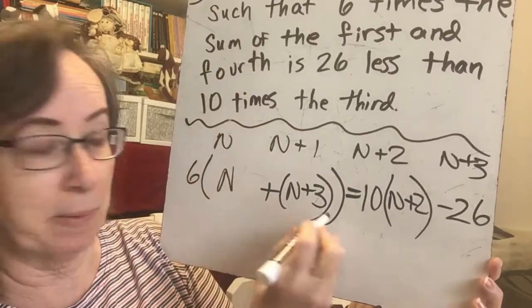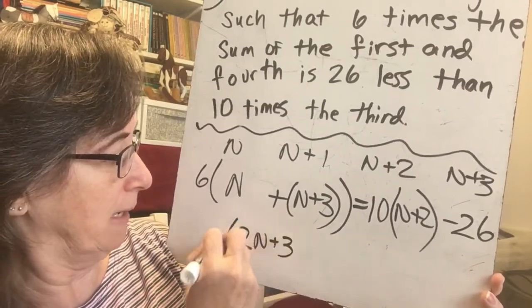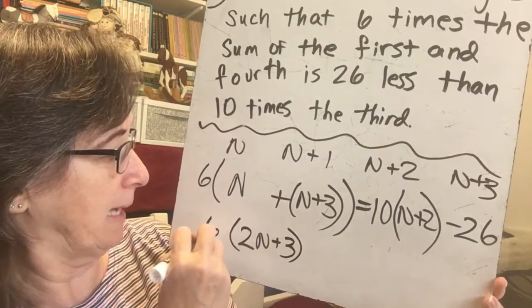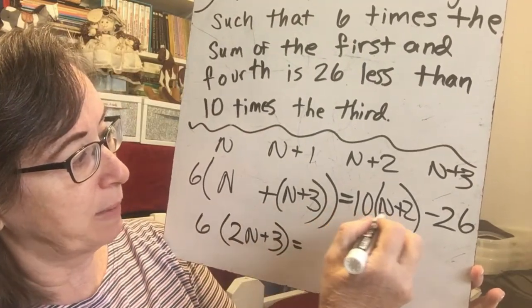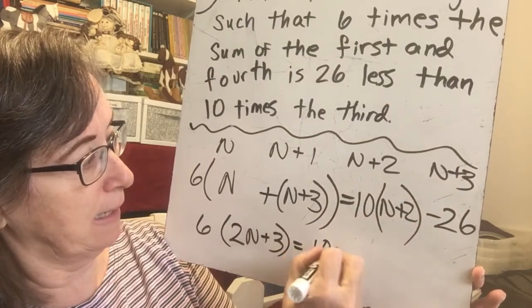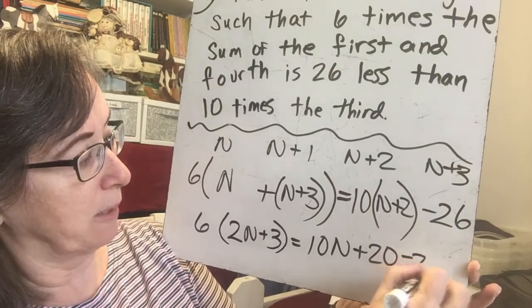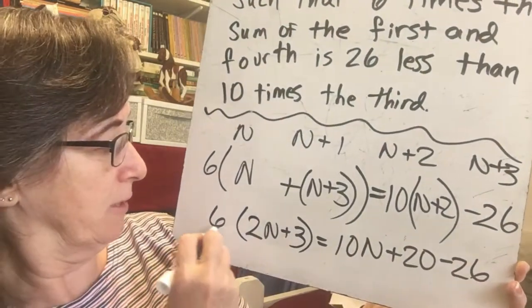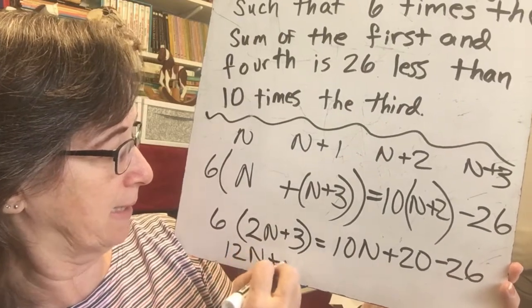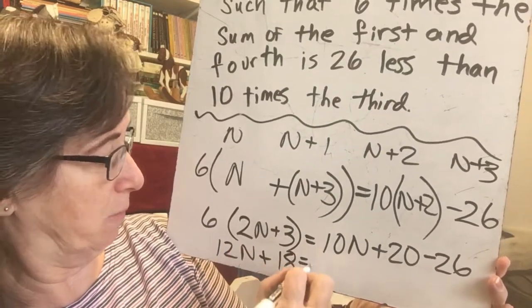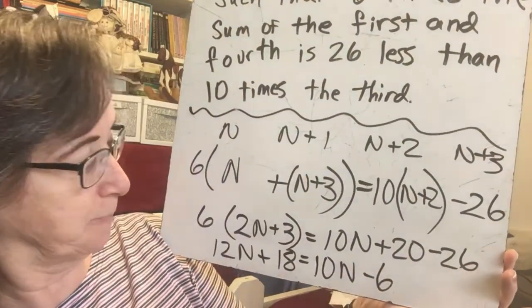n plus n plus 3 is 2n plus 3, times 6, equals 10 times n plus 2, which is 10n plus 20 minus 26. Okay, so then I multiply this out. I get 12n plus 18 equals 10n minus 6.